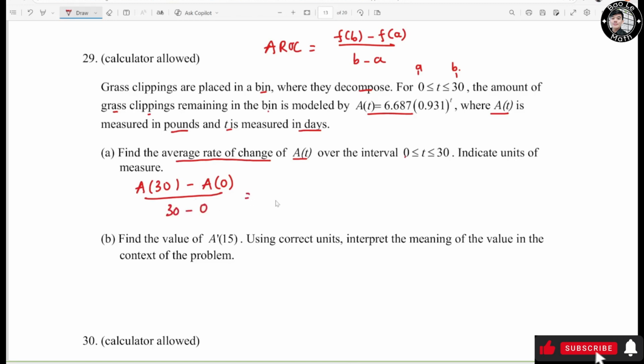A of 30 is going to be 6.687 times 0.931 raised to the 30, subtract 6.687 times 0.931 raised to the 0, which is going to be 1, so I just leave it like that, over 30. So we can bring up the calculator.